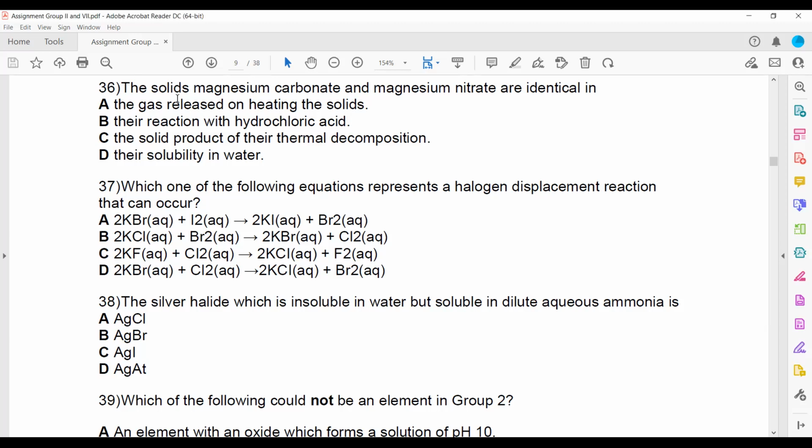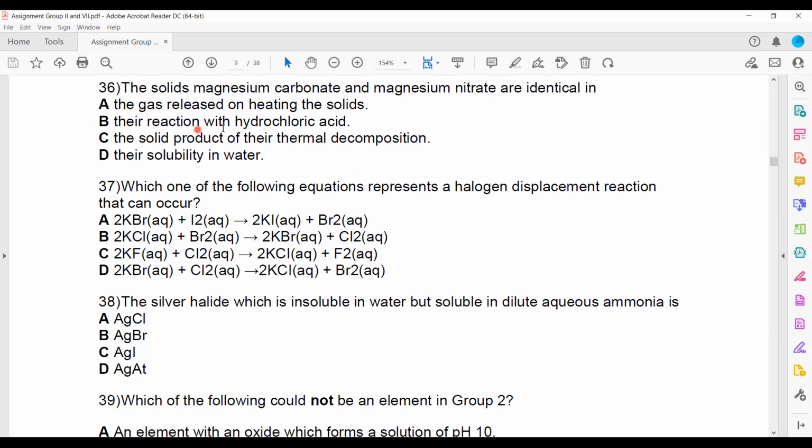But if magnesium nitrate is heated, it will give nitrogen dioxide, like a metal oxide plus nitrogen dioxide plus oxygen. So it won't be the same. The type of gas which is released won't be the same.